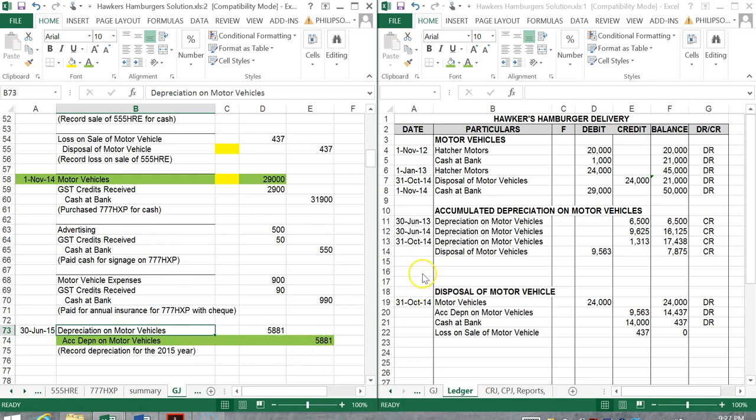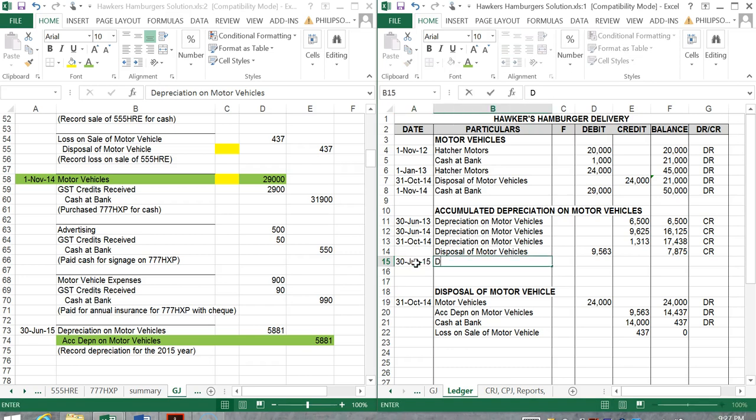Done, and accumulated depreciation, 30 June 15. Particulars, depreciation of motor vehicles, credit, 5881, adding a credit to a credit, 13756.